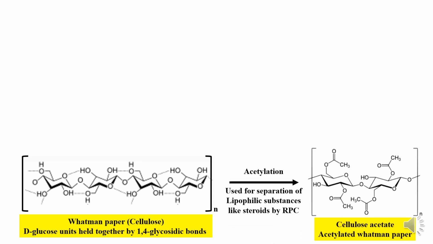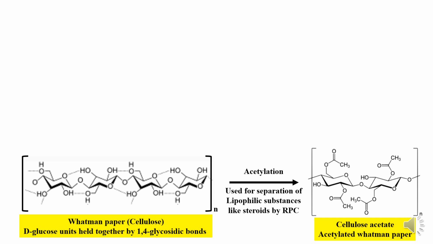On acetylation, the hydroxy groups in the D-glucose units get acetylated, and the hydrogen atom is replaced by the acyl group, making the cellulose non-polar. After the acetylation reaction, the cellulose is converted into cellulose acetate, which is the acetylated Whatman paper. Now the acetylated Whatman paper, or cellulose acetate, is non-polar in nature because all the polar OH groups are blocked by the acyl groups.